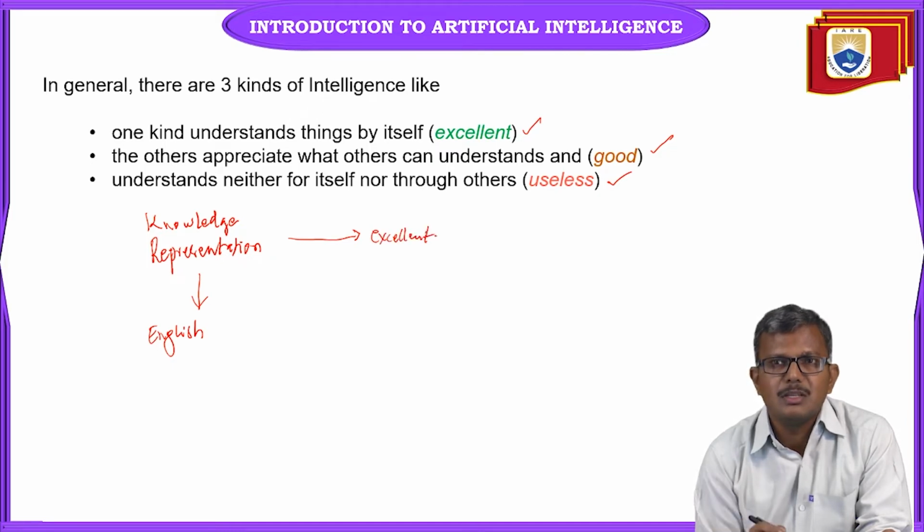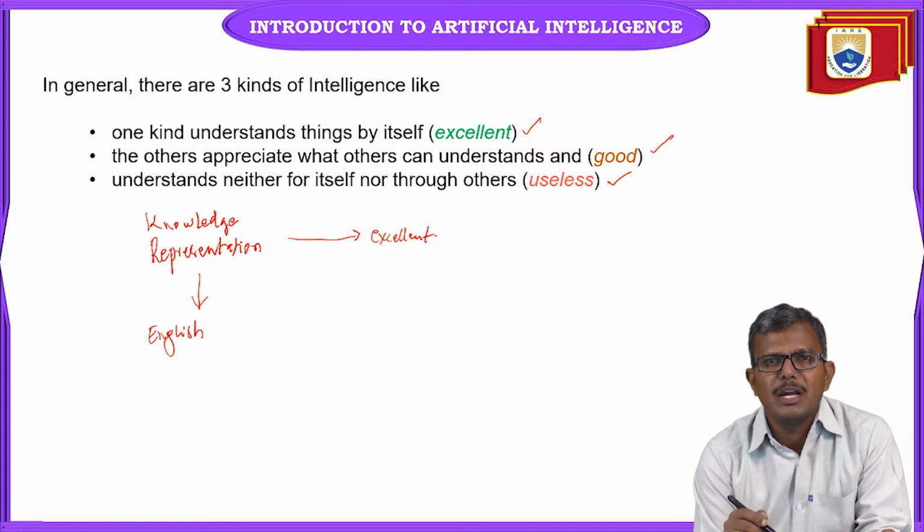It means the humans have represented the knowledge in an excellent way. But sometimes this knowledge representation cannot be directly used for a specific problem. At that time you need to take that existing knowledge, do some kind of modifications, and then use it for problem solving. In that case we say that it is a good kind of intelligence.